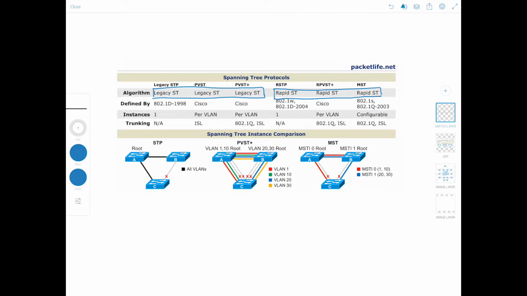So what does this mean? Well, without getting into the details too much, rapid spanning tree builds on and adds enhancements to the legacy spanning tree, which results in faster convergence, and hence the name rapid spanning tree. Rapid spanning tree can be seen as an evolution of legacy spanning tree more than a revolution.